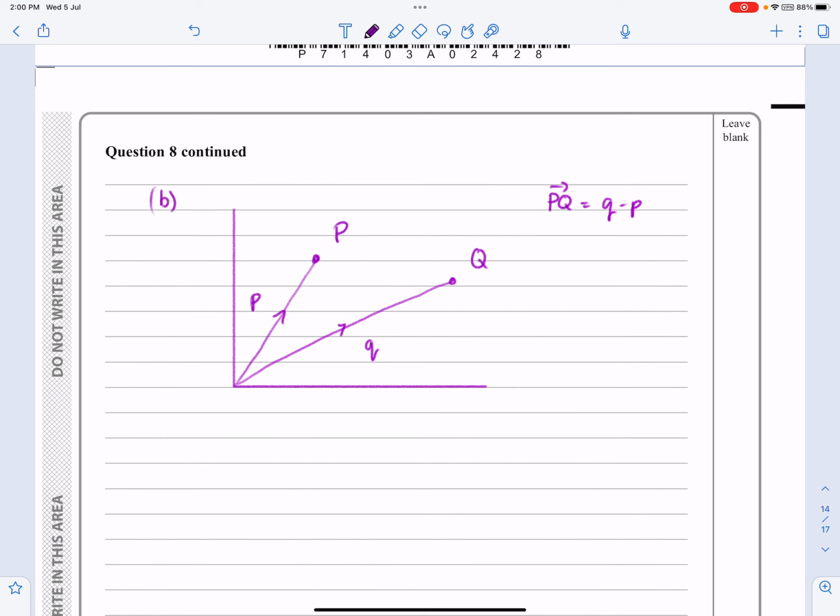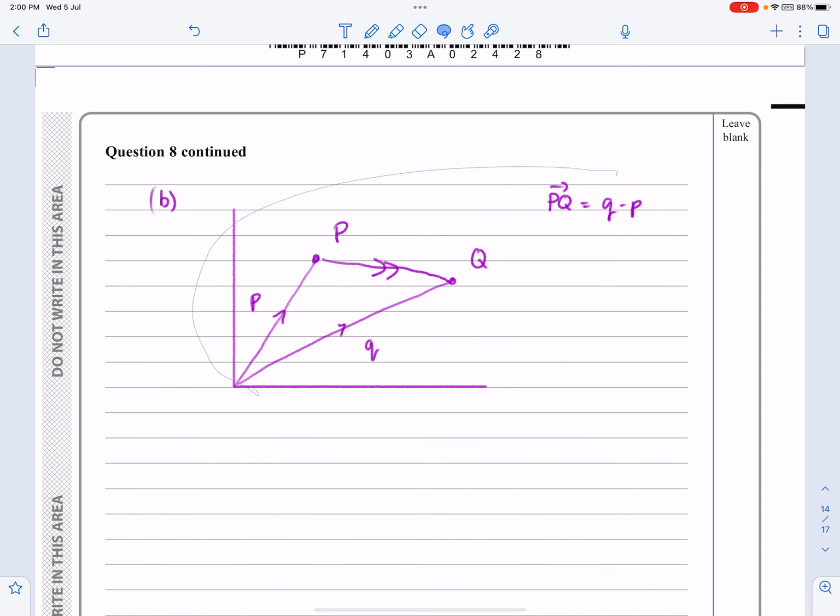Is it? Yeah, because if I want to go across there, what I do is I go down there and then up there. So I go minus p plus q. But I would suggest you just remember it as being q minus p.